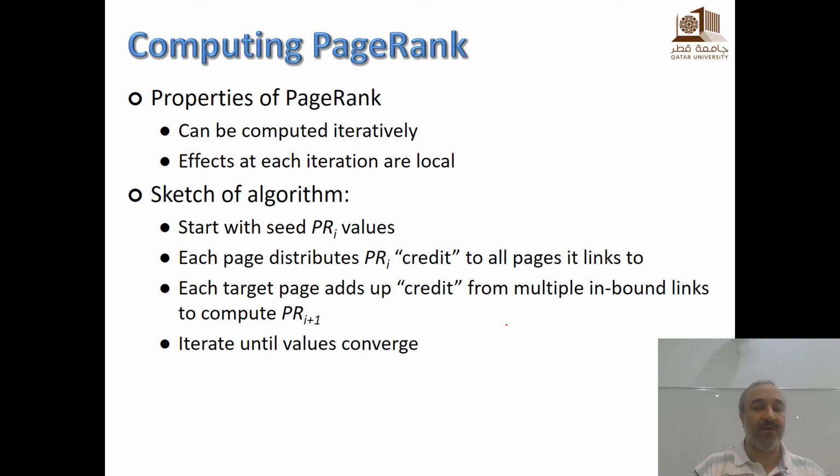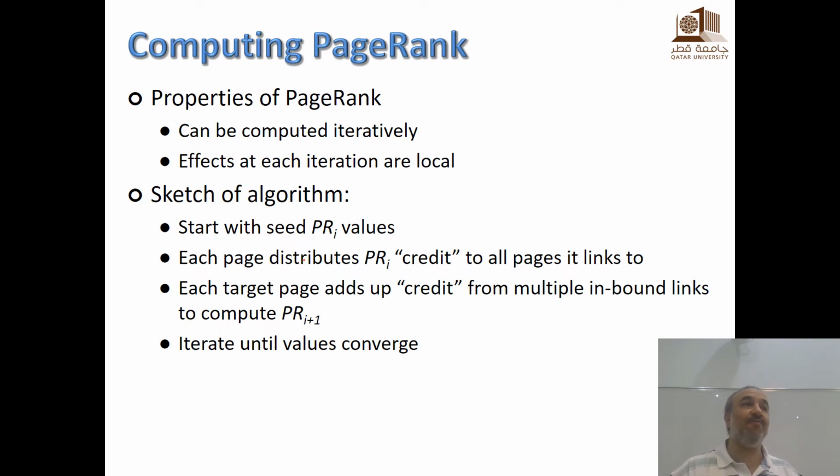So here's the sketch of the algorithm now. We'll start with seed PageRank values. What do you think should be the initial values of PageRank scores? Why is it 0? Because it usually will initialize by 0. If the initial value is 0, what will happen? The sum of them will be 0, right?